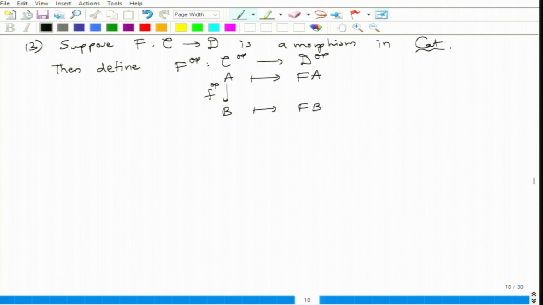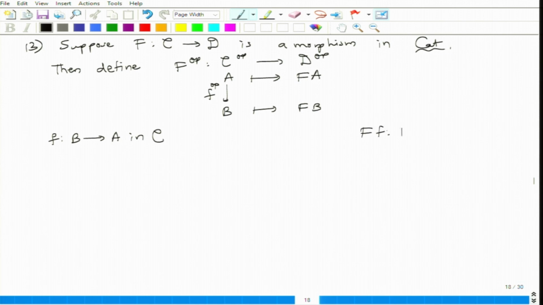So where is little f? Little f is in C. Corresponding to that, what do I have?